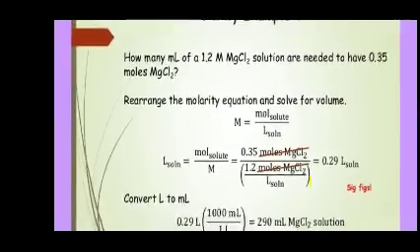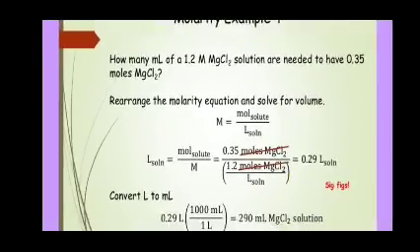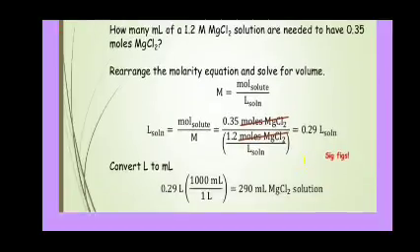Then convert liters to milliliters. 0.29 liters times 1000 ml by 1 liter, liters cancel.